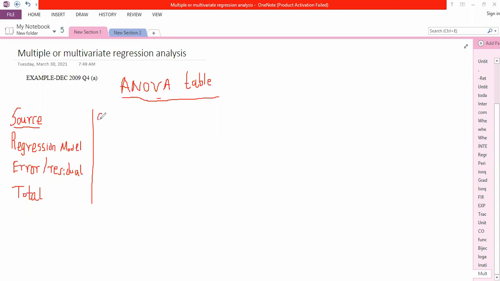And then we have the degrees of freedom. Allow me to just call this one the DF. So we have the degrees of freedom due to regression, and we also have the degrees of freedom due to the error term. Down there, we have the total degrees of freedom. Our next column in the Anova table is usually the sums of squares.